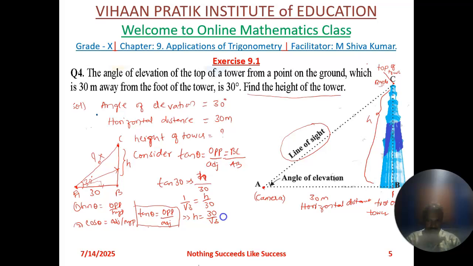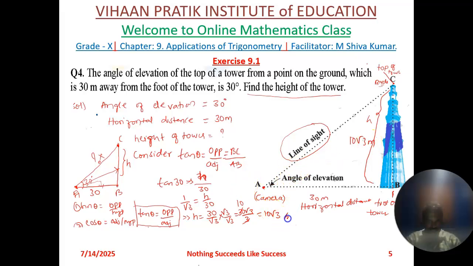Now multiply numerator and denominator by root 3, which gives 30 root 3 divided by 3. The 3 cancels, 3 tens are 30, so it equals 10 root 3. This is the answer. So the height of the tower is 10 root 3 meters.